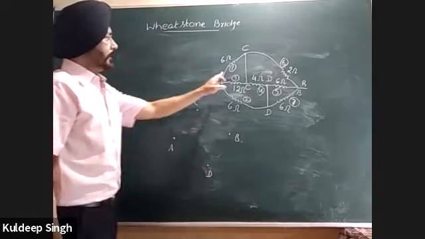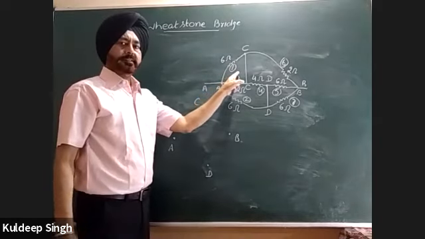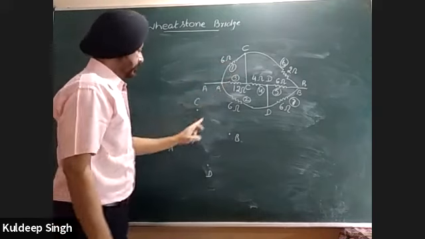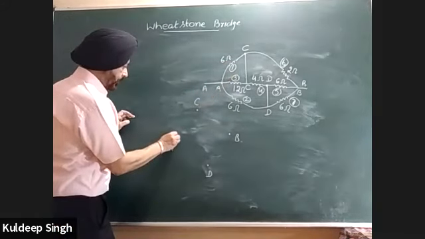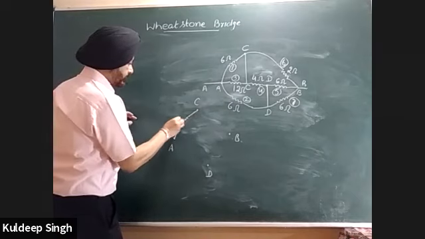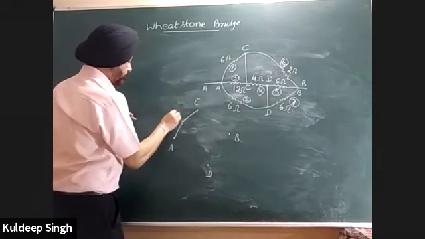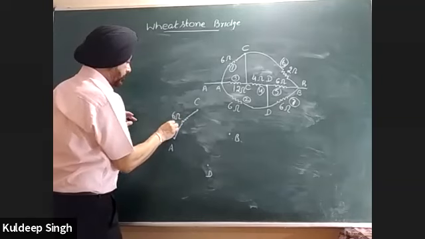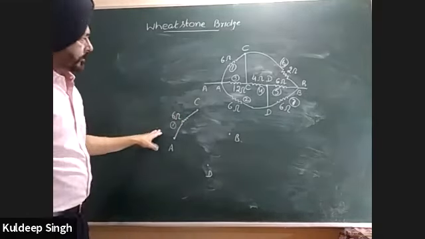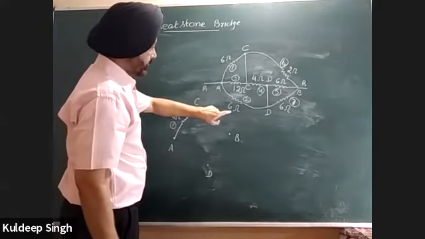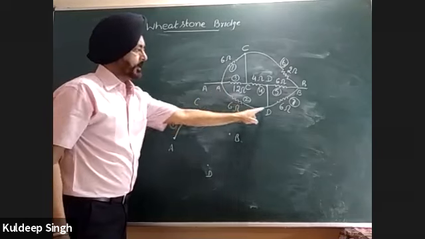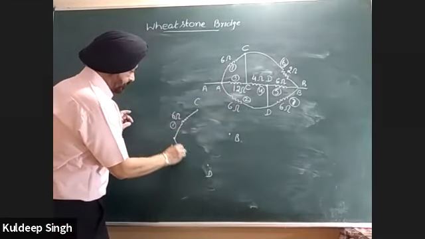Now look at this diagram. First resistance is connected to A and C. So I will connect this first to A and C. This is the first resistance of 6 ohm connected to A and C. Where is the second resistance connected?